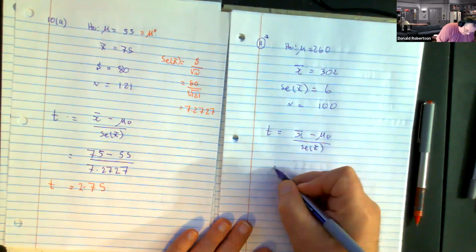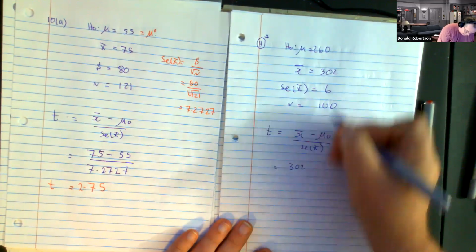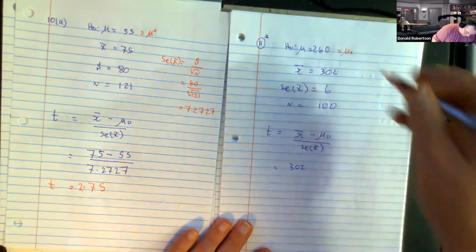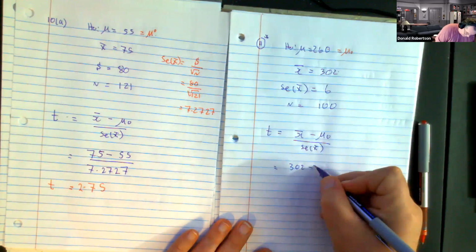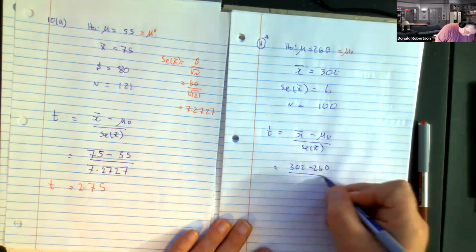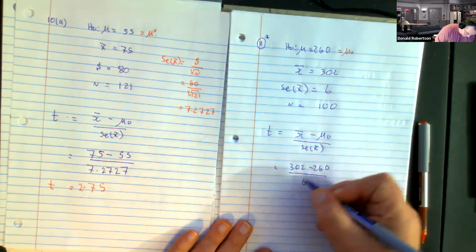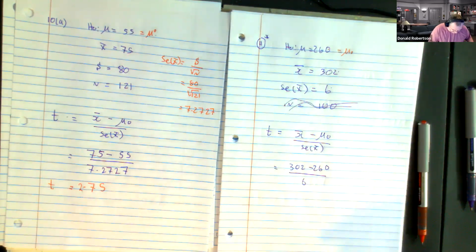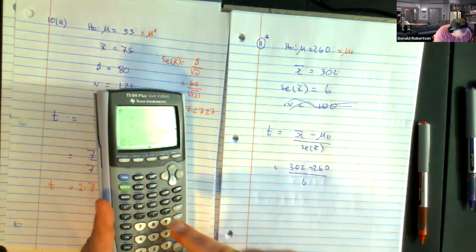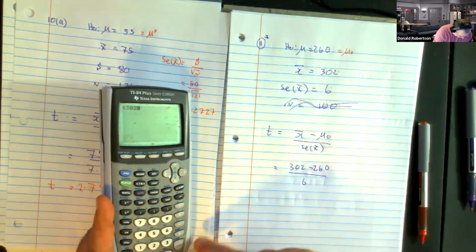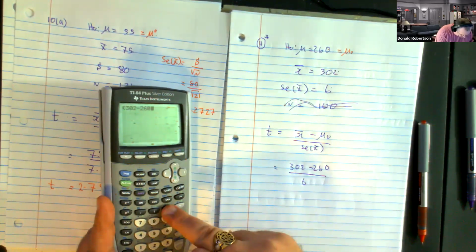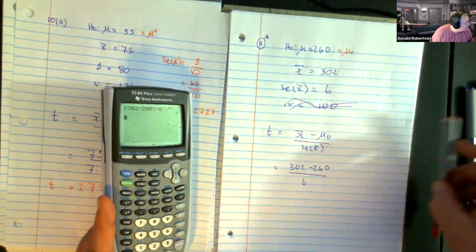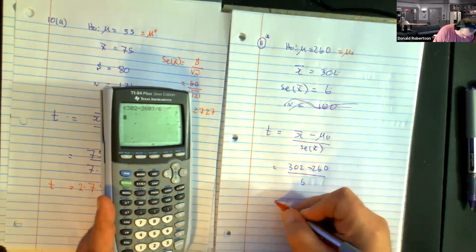That number there is mu naught. So 302, take away 260. And since you told me the standard error is 6, I don't even care about the sample size because I don't even use it. So on my calculator, 302 take away 260, divided by 6, and the answer I got for this one is 7.